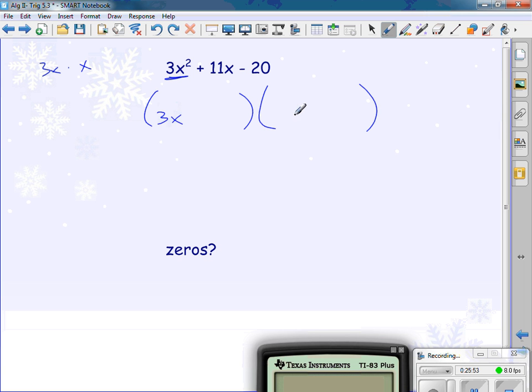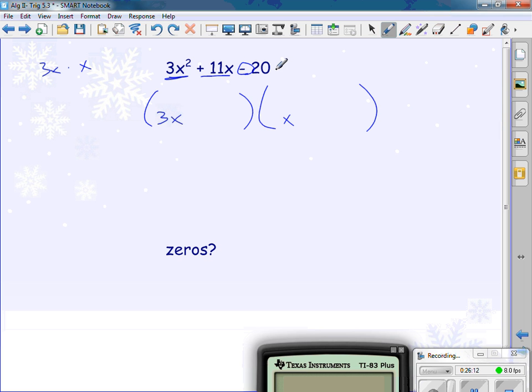So I know that has to be 3x, and I know that has to be an x. That's the only way I can get that one. What does this tell me? One has to be positive, one has to be negative, but I don't know which one. This just tells me I have to end up with a positive 11.